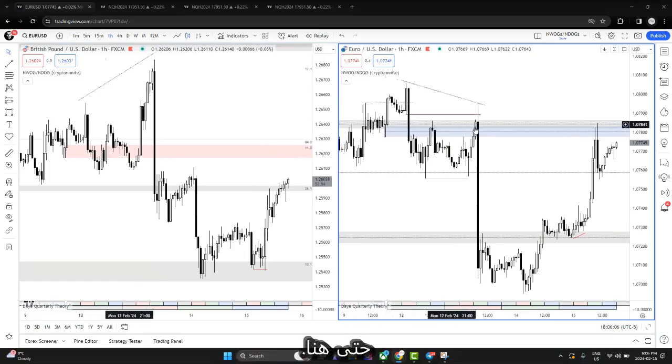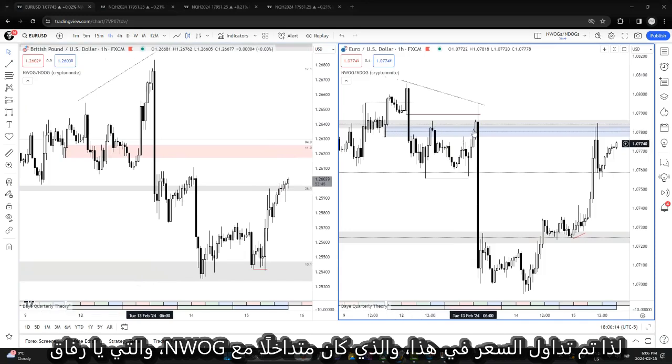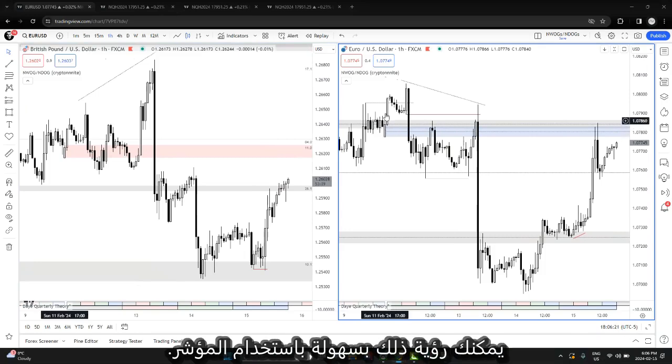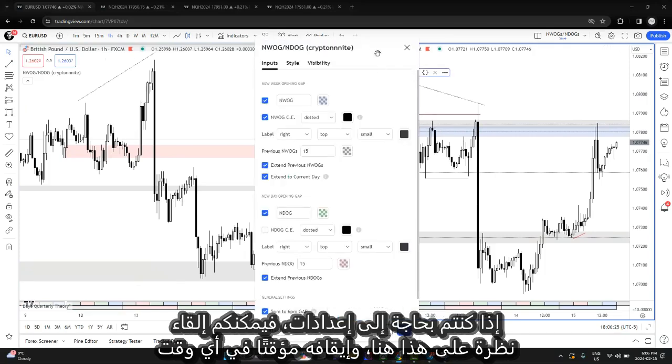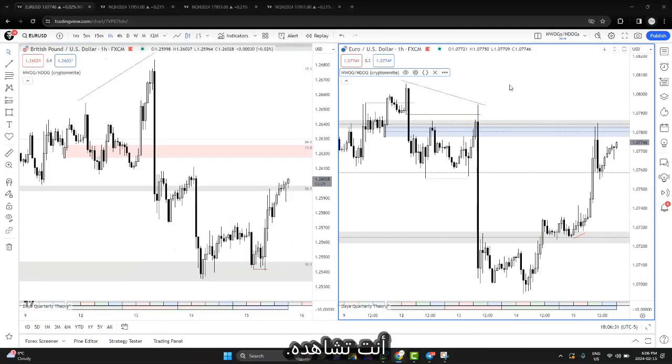We still had price trading up into it right here. But this right here is a breaker, this swing low. So price traded into this, which was overlapped with the new week opening gap, which you guys can easily see with the indicator. If you guys need the settings, you can just look at this right here. Just pause it whenever you're rewatching it.